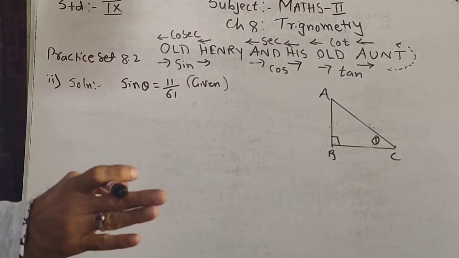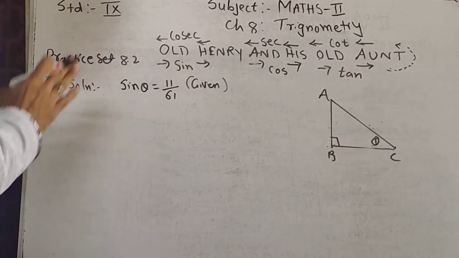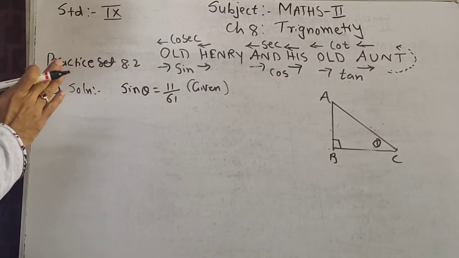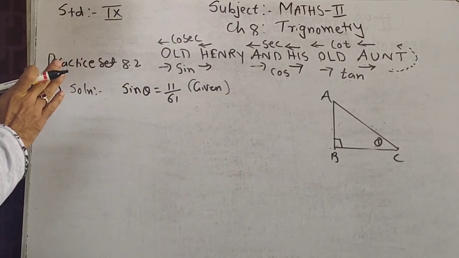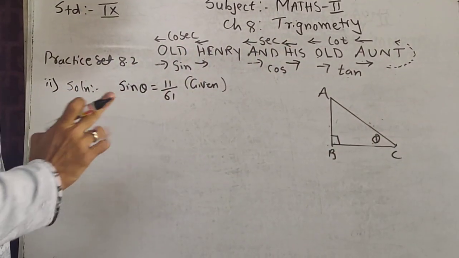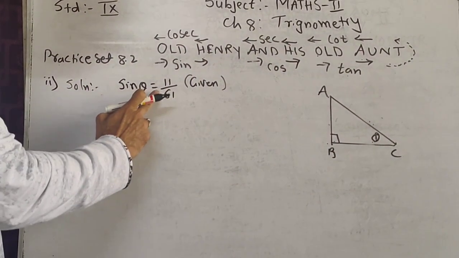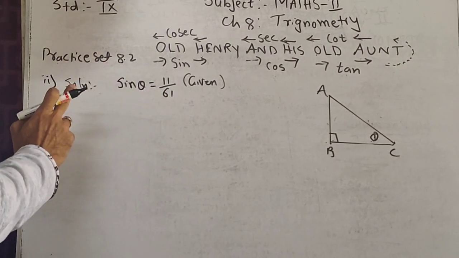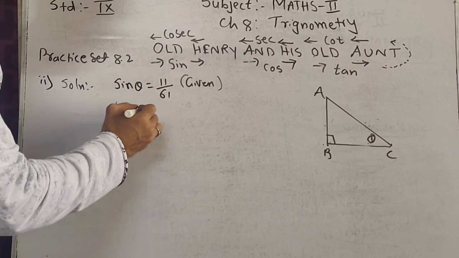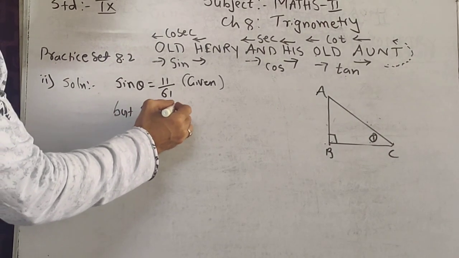Okay, now come to sub question 2 from question number 1. Diagram we have to draw. Diagram is same. Triangle ABC is the right angle triangle. Theta I have given here only, same. Now sin theta is 11 upon 61. But sin theta, you know the formula.